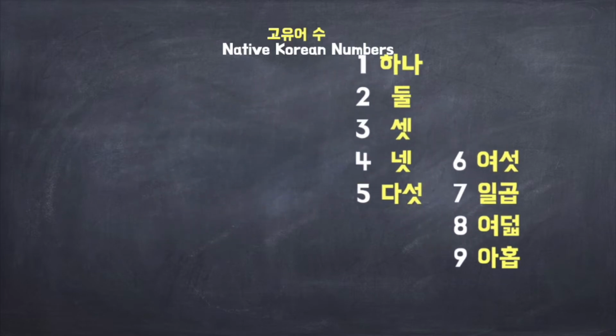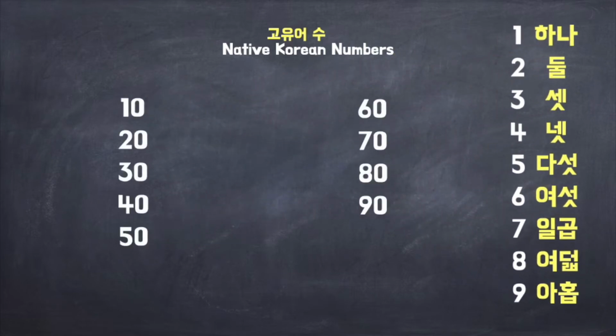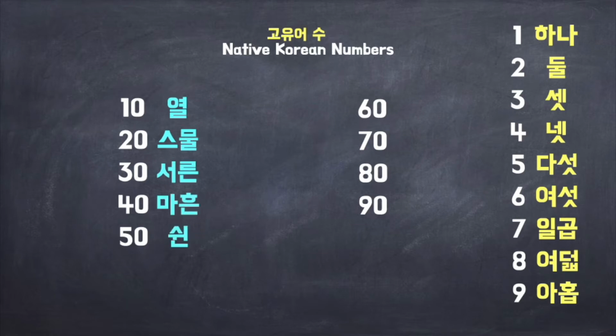Okay, let's try to read from number 10 to 90. Number 10 is 열, 20 is 스물, 서른, 마흔, 쉰, 예순, 일흔, 여든, 아흔.